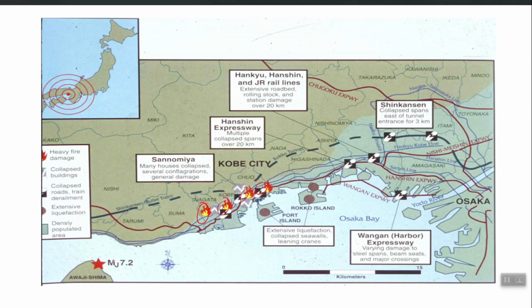So this is the fault line like this, and this is the epicenter, right? So sometimes it is very important how far you are from an existing crack or fault line, right? So sometimes distance from the epicenter may not be that important.